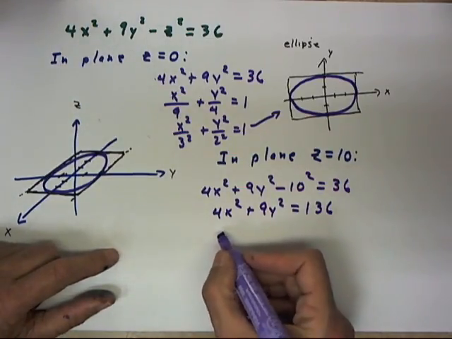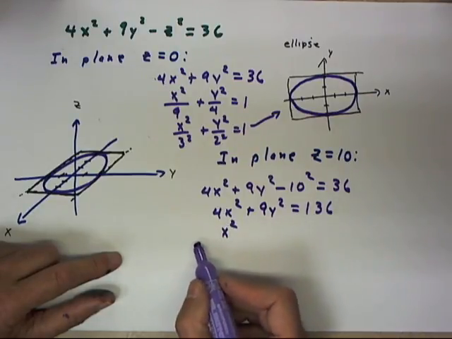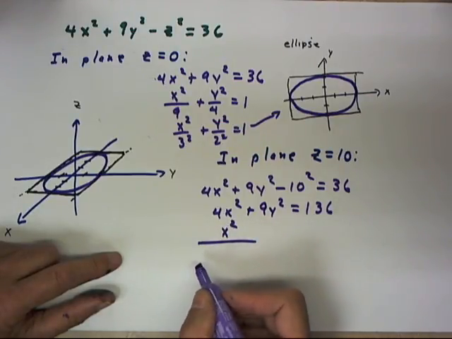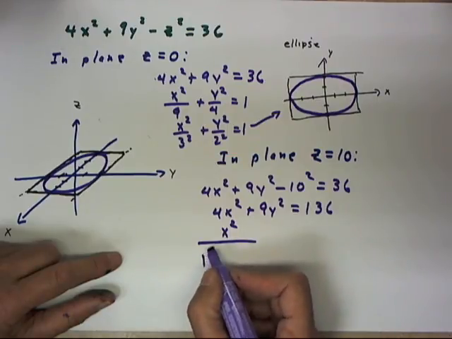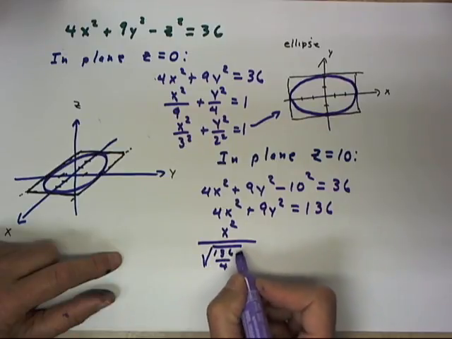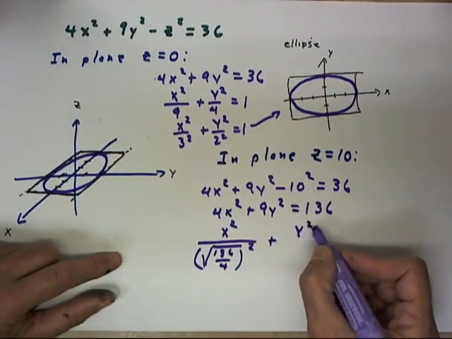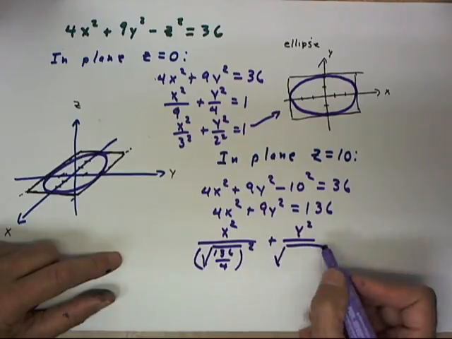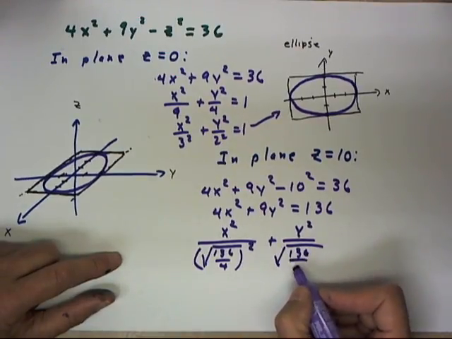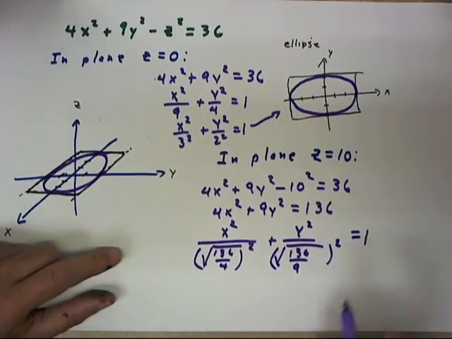So the equation becomes, now we divide by 136, that's x squared divided by the square root of 136 over 4, quantity squared, plus y squared divided by the square root of 136 over 9, quantity squared, equals 1.